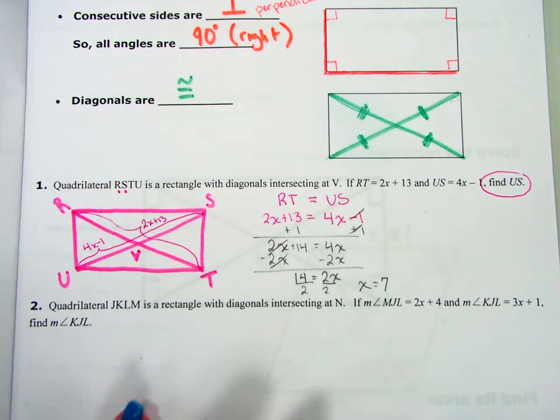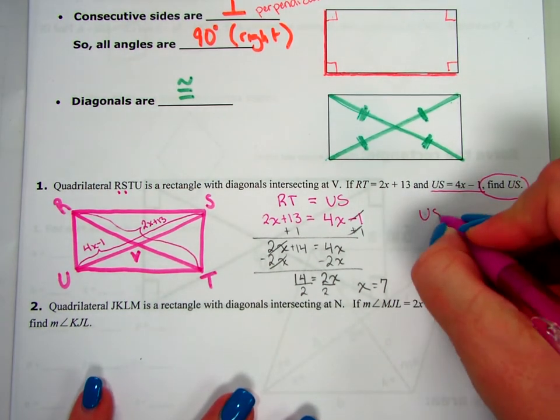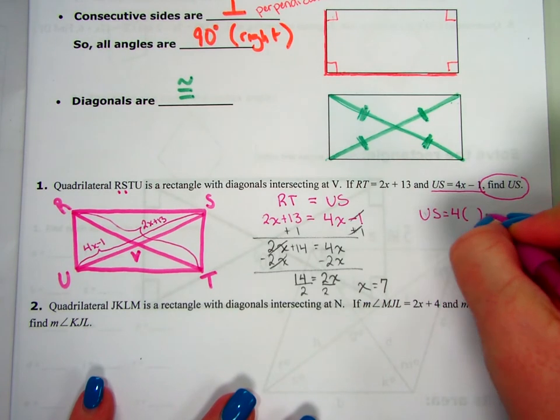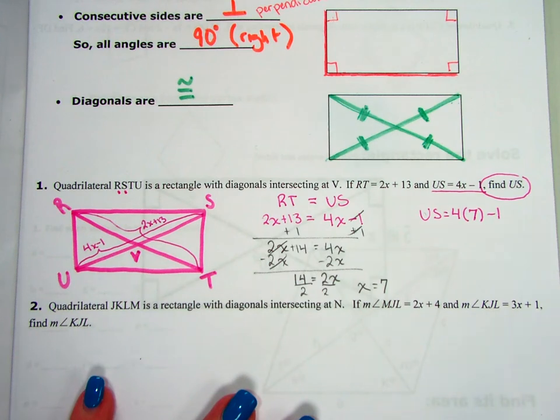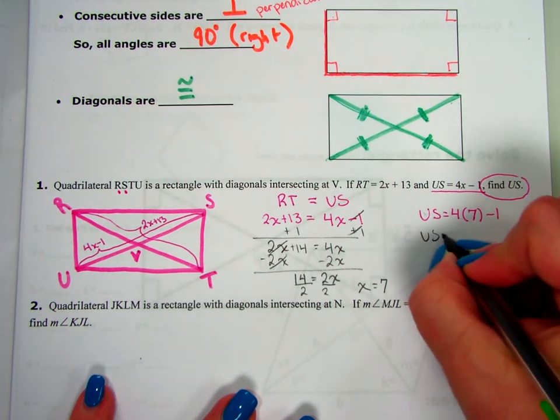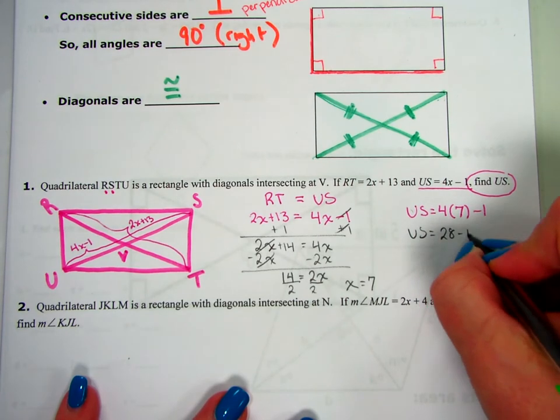Let's find US. So US, we know, is 4x minus 1. And x, we found to be 7. So US equals 4 times 7, which is 28, minus 1.